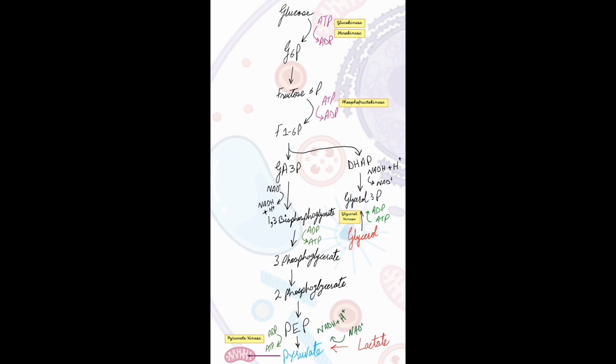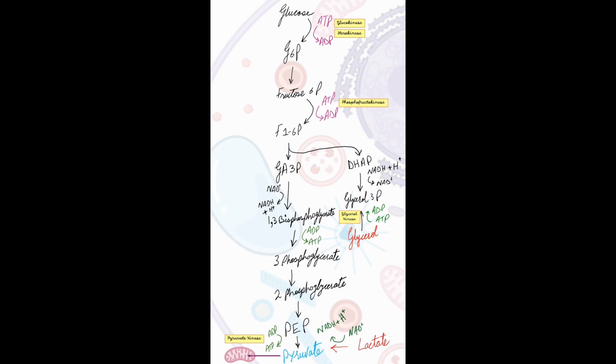And from there, NAD will be converted into NADH, and with the production of NADH, the glyceraldehyde 3-phosphate will be converted into 1,3-bisphosphoglycerate, and from there the first ATP generation will happen.